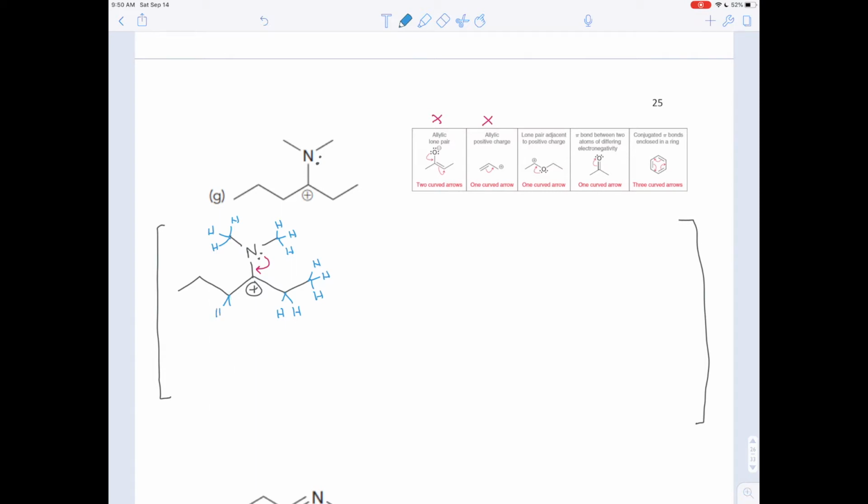Notice the carbon with the positive charge has no hydrogens on it.